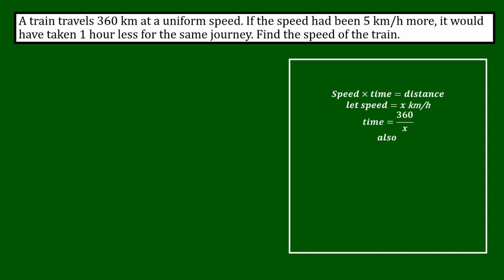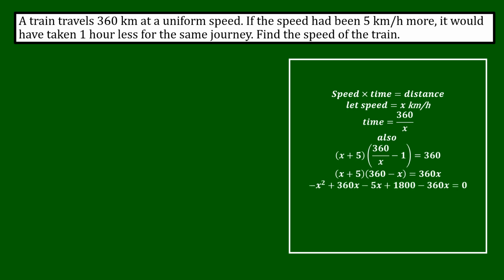Also, if we apply the situation of the question and that speed is 5 kilometer per hour more, means x plus 5, time would have been 1 hour less, that means 360 upon x minus 1. Speed into time, that is equal to distance. Distance is same, 360.